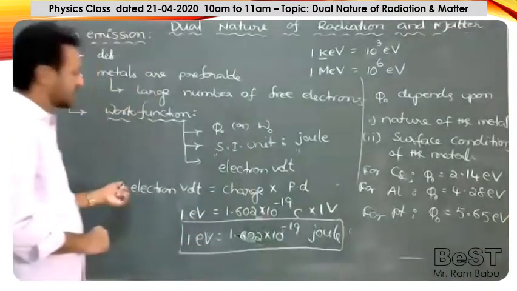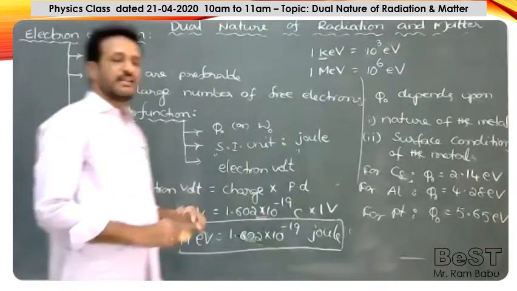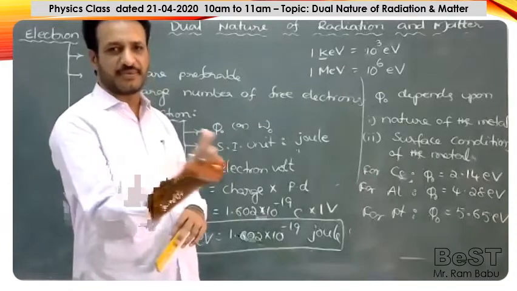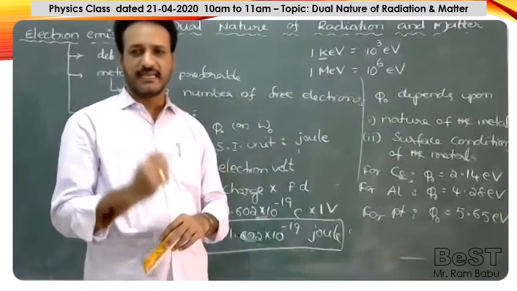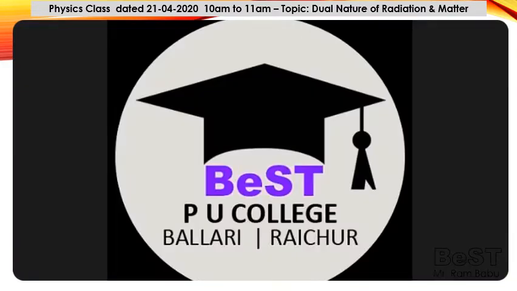Now here, what does electron volt mean? When an electron is accelerating through a potential difference of 1 volt, the energy gained or lost by the electron is called an electron volt.